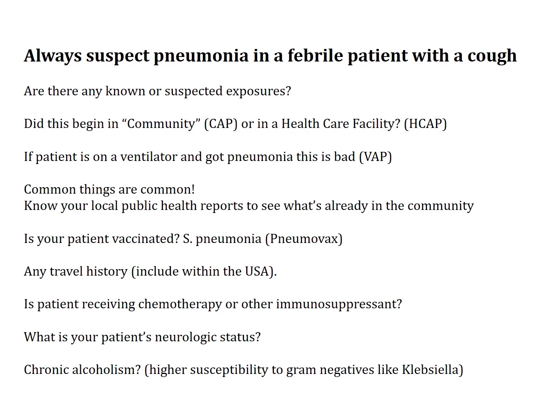Chronic alcoholism increases risks of pneumonia, and they tend to have higher susceptibility to gram-negative organisms like Klebsiella. So there are a lot of things that go through your head once you've arrived at that diagnosis of pneumonia to help you get closer to what might be the etiologic bug causing that pneumonia.